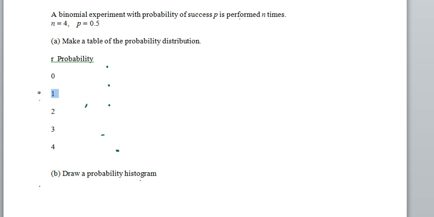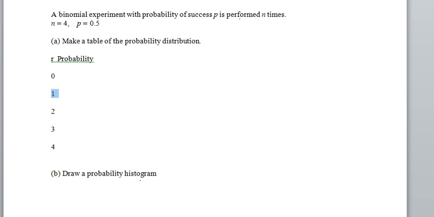And so we are wanting to find the probability of each of the outcomes. Since the experiment is conducted 4 times, we could have 0, 1, 2, 3, or 4 successes. And those successes are what is called R.